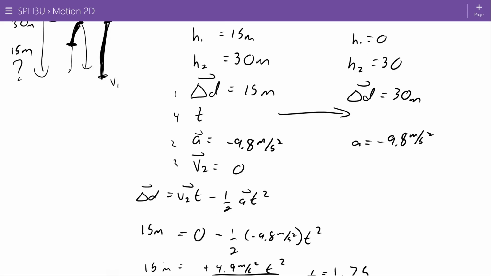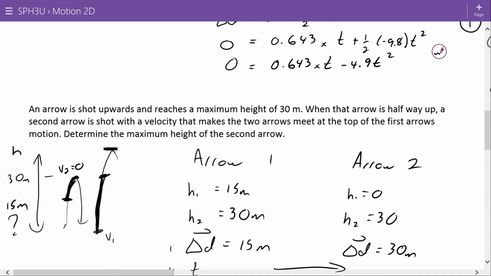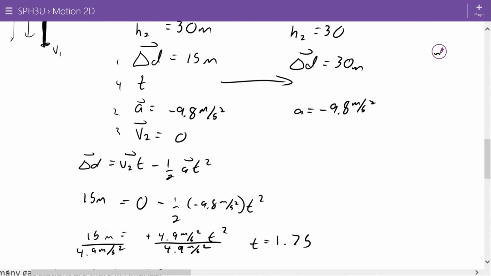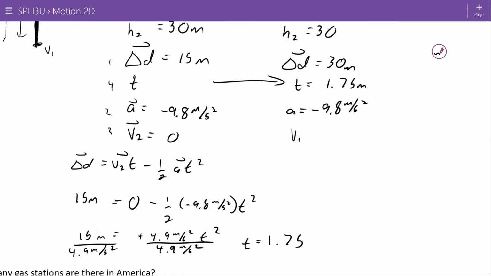So that is the time that it takes for this arrow to go from here to 30. So if it takes 1.75 seconds, what the question says is that's the same amount of time it takes for the other arrow to go the full 30 meters. So our question then is, what initial velocity would have been required to make that second arrow do that full 30 in just the 1.75 seconds?